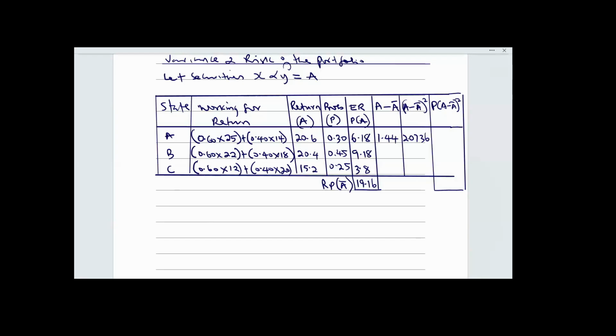2.0736 multiplied by probability of 0.3 is 0.62208.